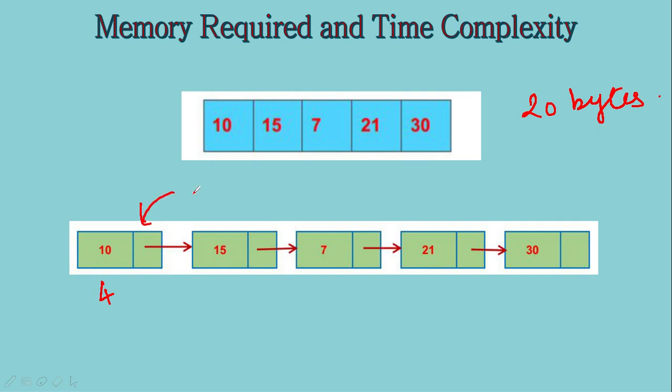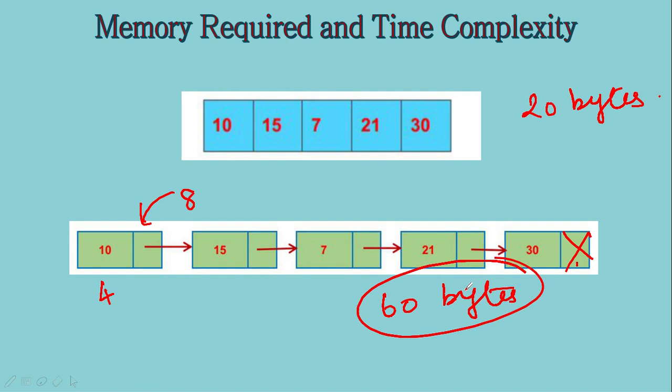My machine allocates 8 bytes for addresses. So each node in the linked list will occupy 12 bytes. So to store 5 elements, I have to allocate 60 bytes. So it seems to occupy more memory, isn't it?